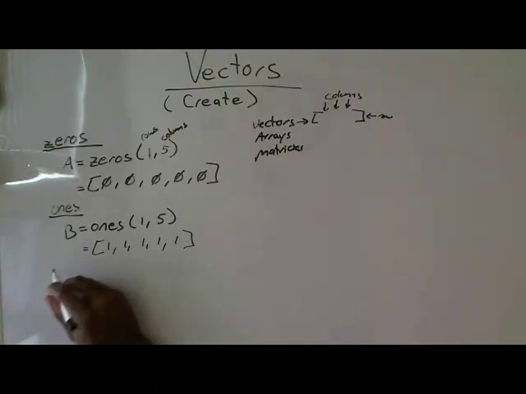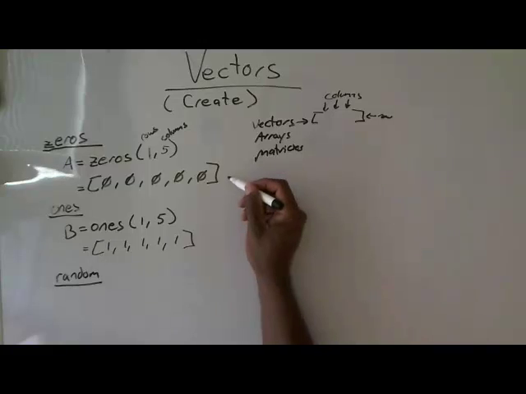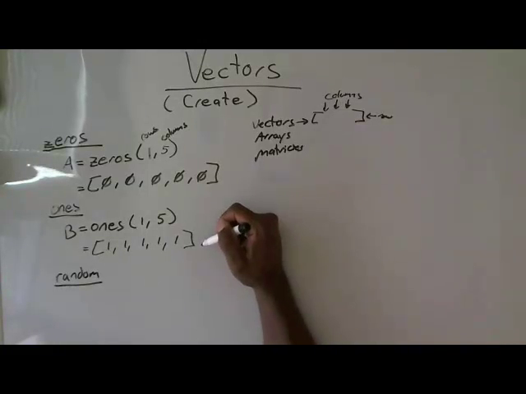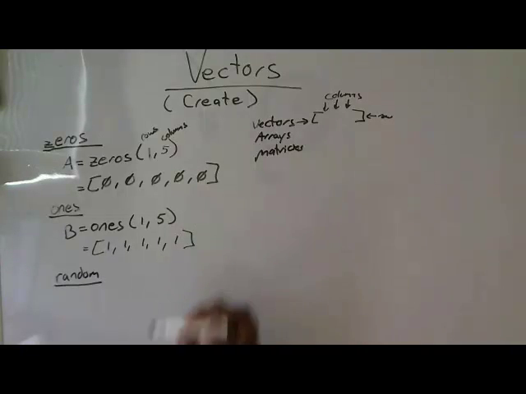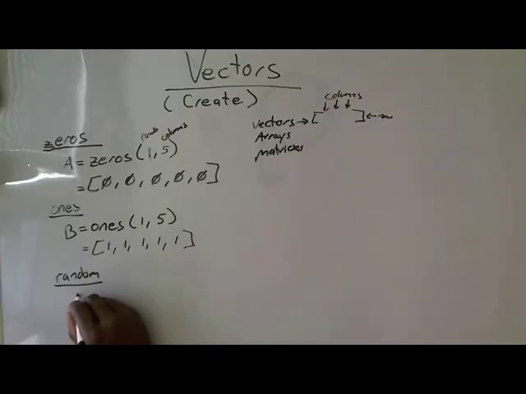Another thing to do is random. Sometimes you want a vector with nothing but zeros in it. Sometimes you may want a vector with nothing but ones in it. And then sometimes you want a vector with random numbers in it. The way you do that is with a function called rand, R-A-N-D.